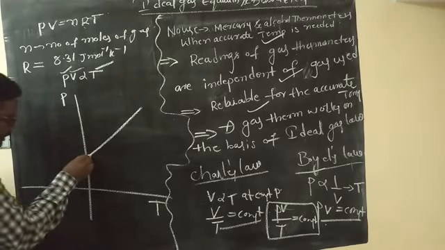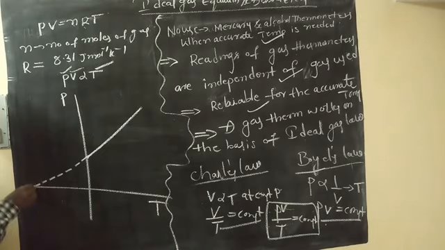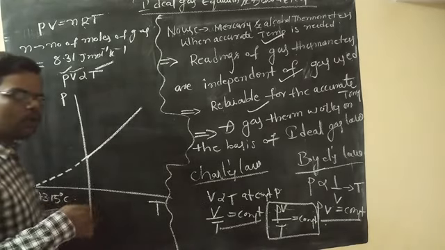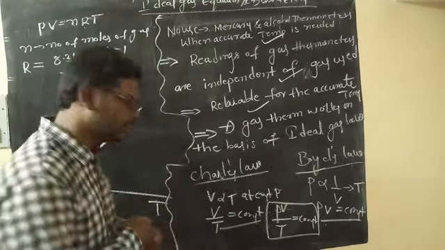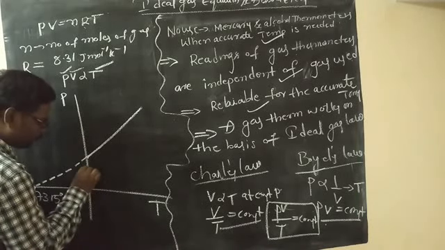If you extend this line towards negative temperature, it meets the horizontal axis at minus 273.15 degrees Celsius. Let's take one more low density gas.